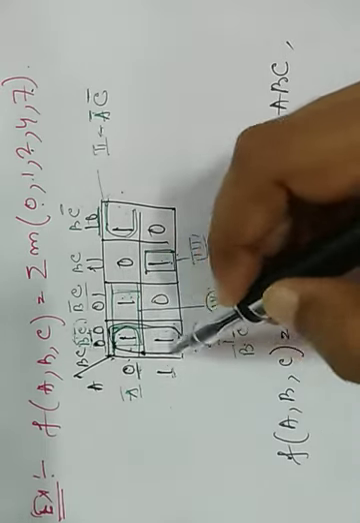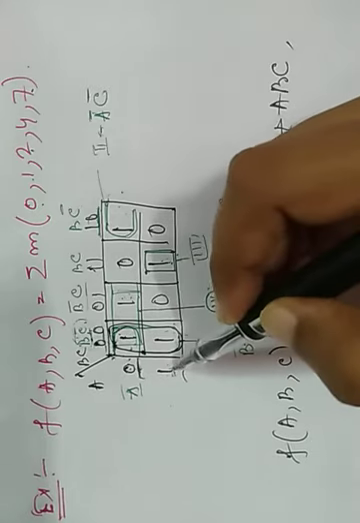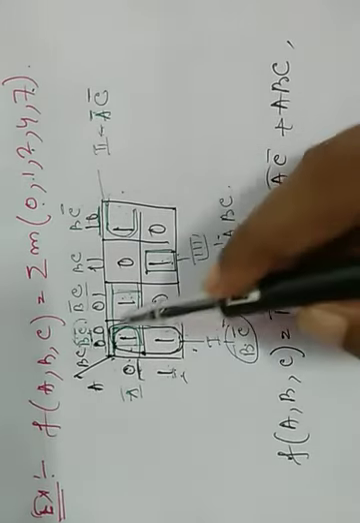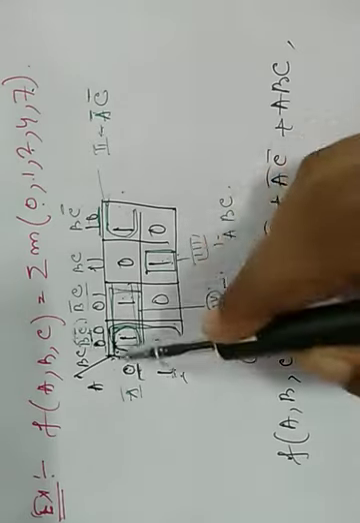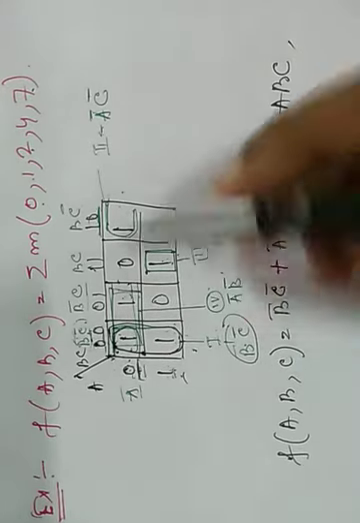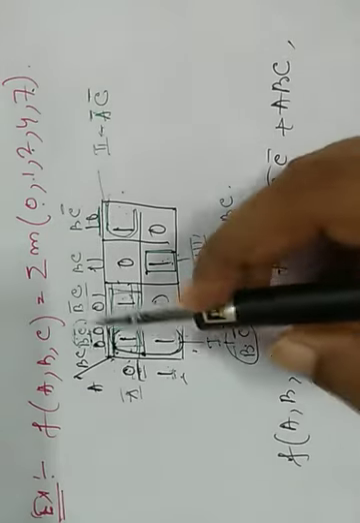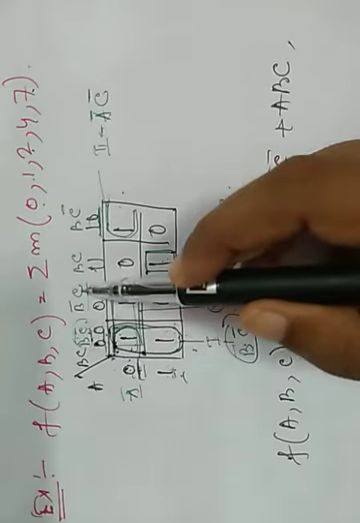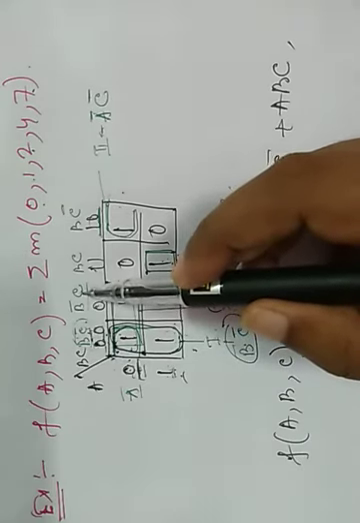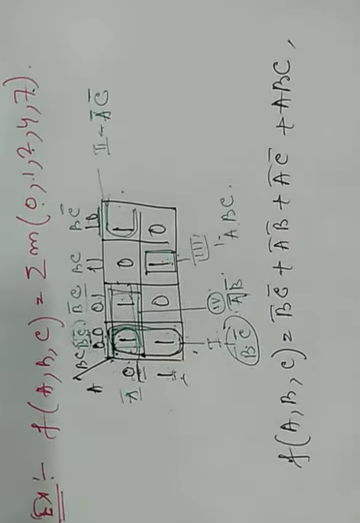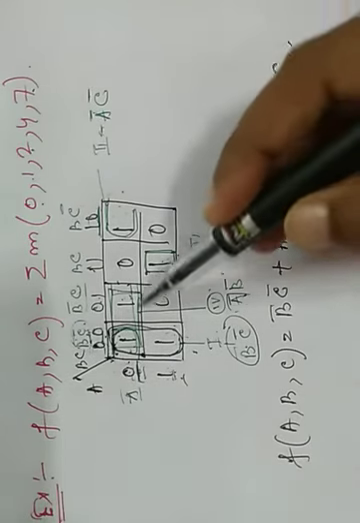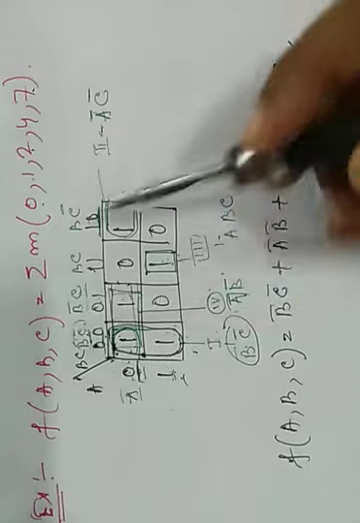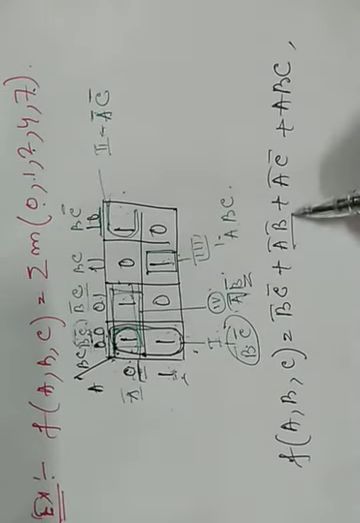But as there are two rows and both the values are different, any row value cannot come into consideration. And for this value, as it is in one single row, the row value comes into consideration, A bar. And for the common value, as there are two columns, we have to take into consideration those values which are common. That means we have to take B bar into consideration.